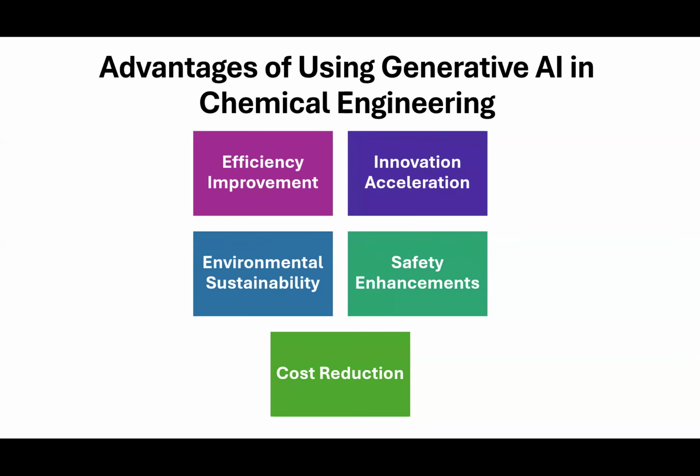So, what are the advantages of using generative AI in chemical engineering? The first one is to improve the efficiency. So we will reduce time, we will reduce cost by automating the repetitive task, accelerate also the design process. As well, we will accelerate the innovation, so enables the discovery of new materials, optimizes also the process of production.